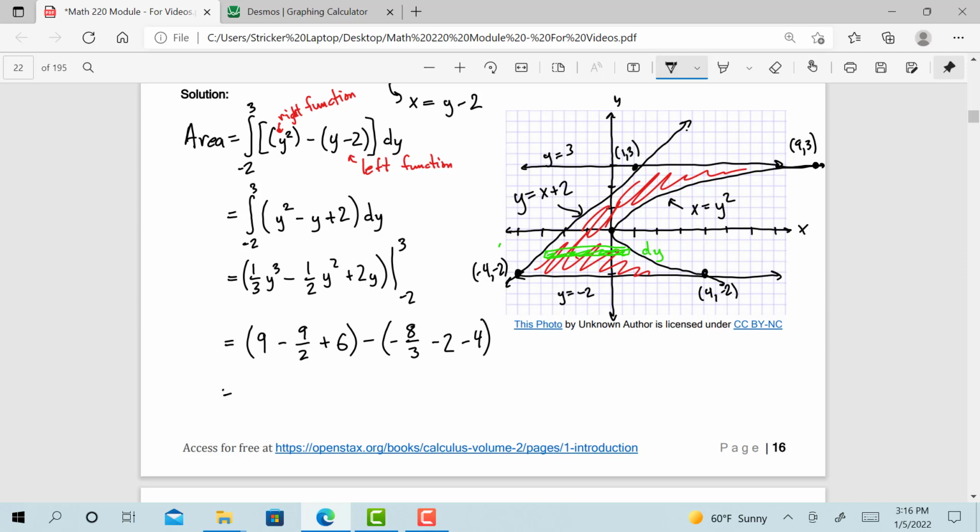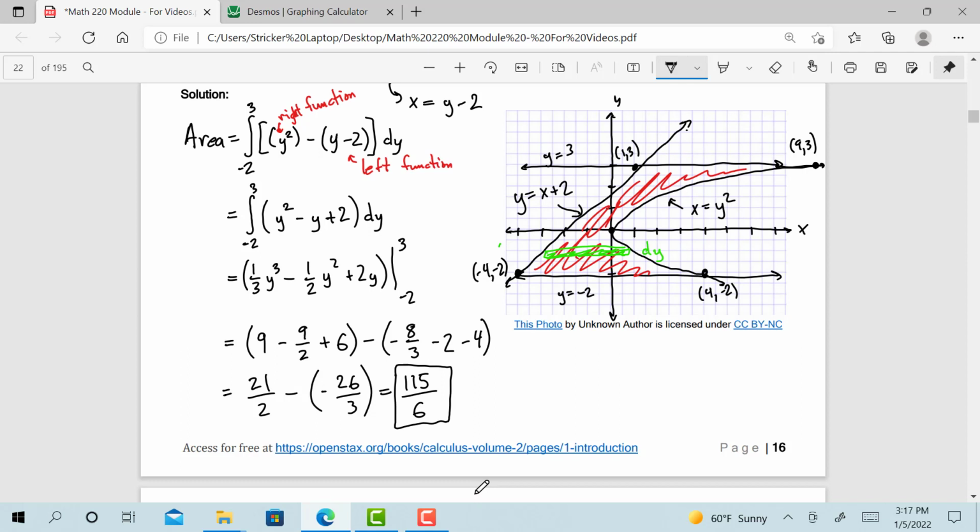And this ends up being 21/2 minus, this is negative 26 over 3, which gives you 115 over 6. And that's our answer.